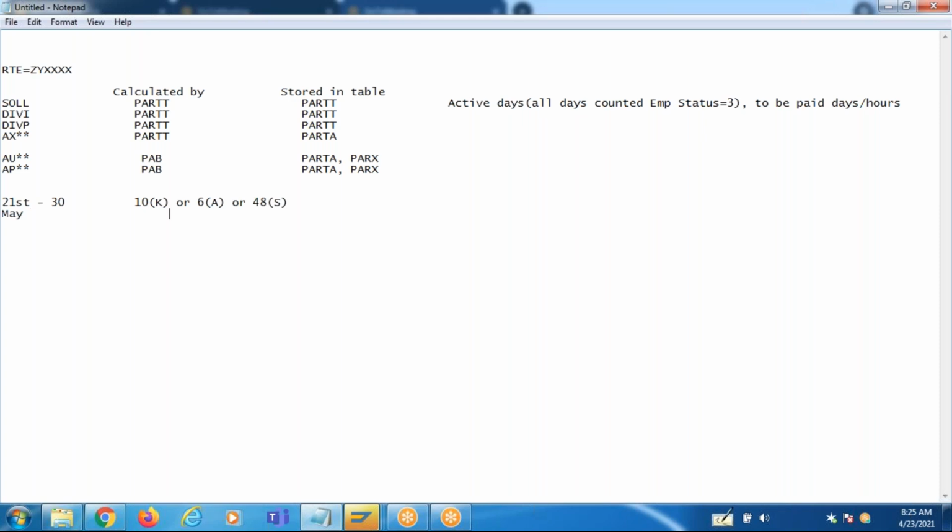Then what is SOLL? 31 days in terms of calendar days. 22 or 23, I assume 23, in terms of working days. 23 into 8 in terms of working hours.